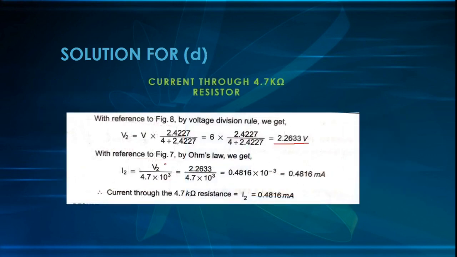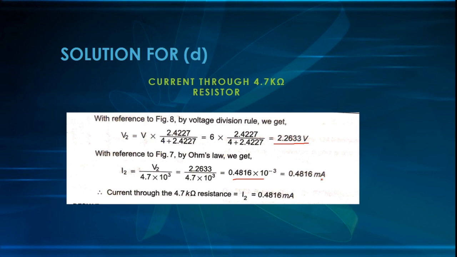So I is going to be equal to V. What is the V we have found out? It is 2.2633. Across which resistor am I finding out? It is 4.7 kilo ohm. So it is 2.2633 divided by 4.7 into 10 power 3, which gives us 0.4816 into 10 power minus 3. So we are getting it to be 0.4816 milliampere. So therefore, the current through the 4.7 kilo ohm resistance is 0.4816 milliampere.